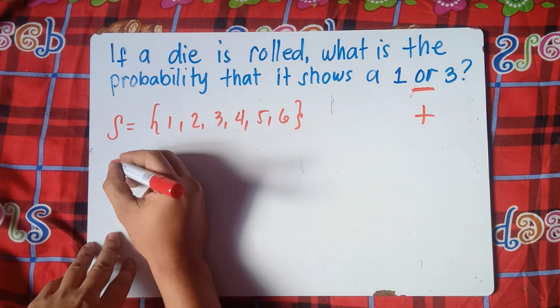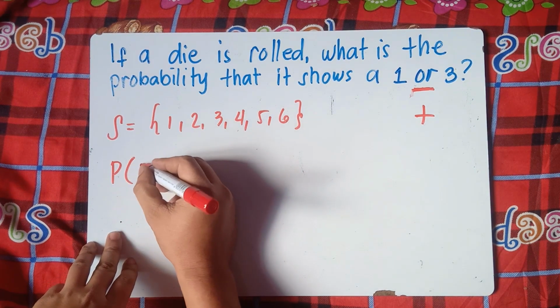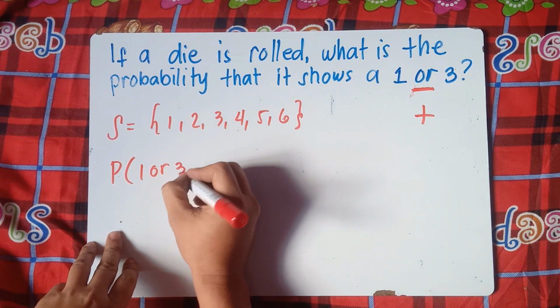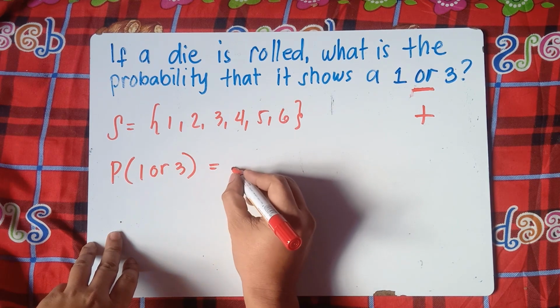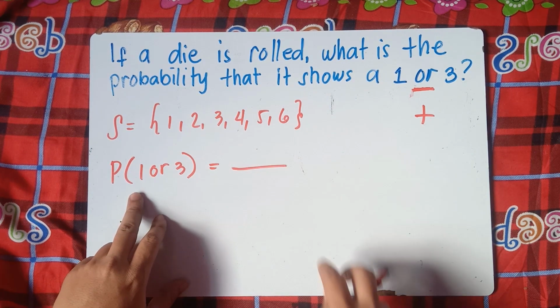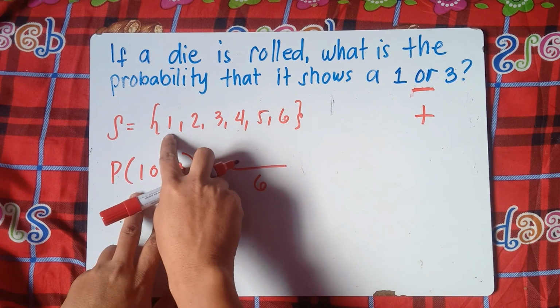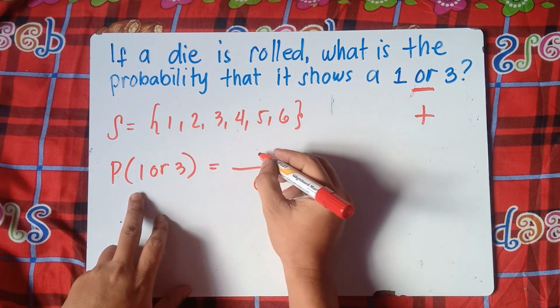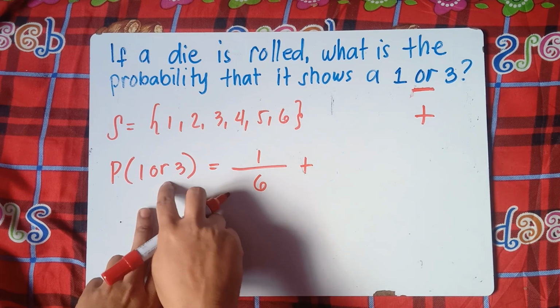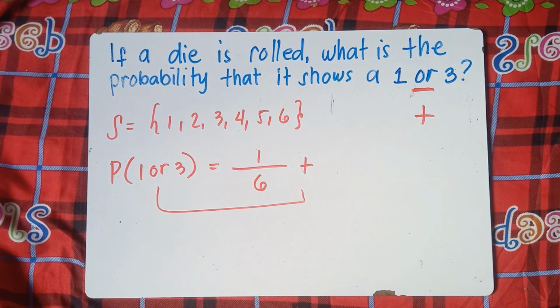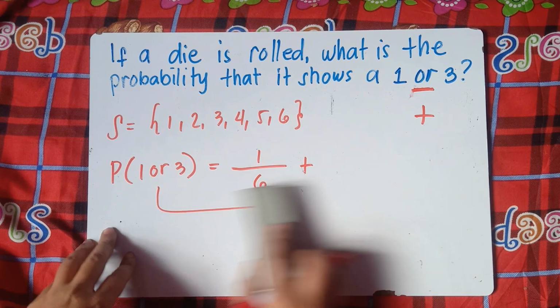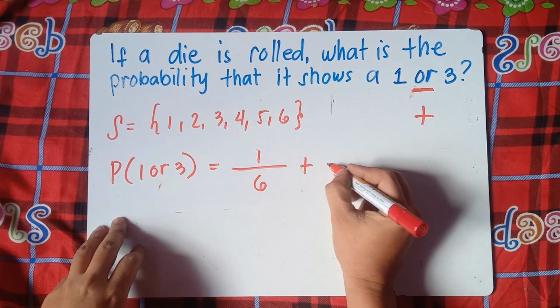There are some cases where the students will answer it like this. The probability of getting 1 or 3 equals the probability of getting 1. We have 6 possible outcomes. In getting 1, we have 1 out of the 6 possible outcomes, plus, so this OR, class, means addition. Plus the probability of getting 3.